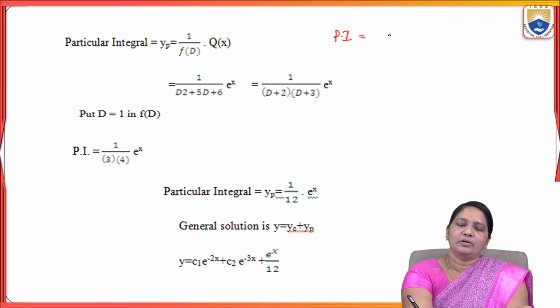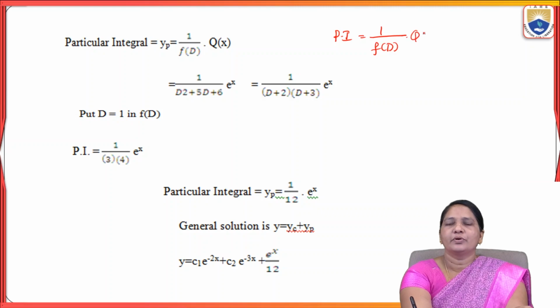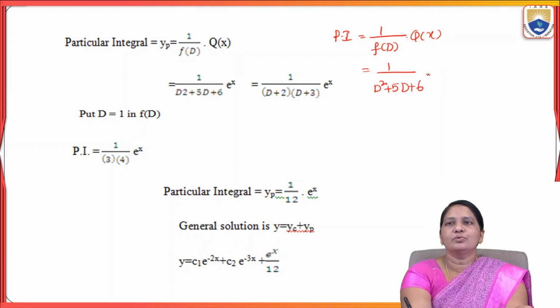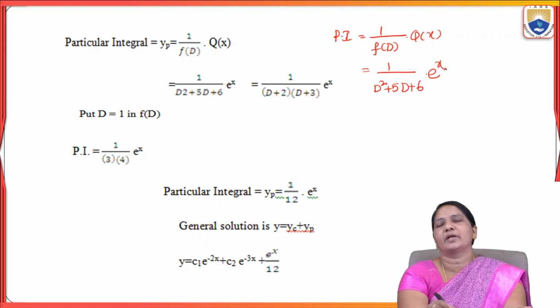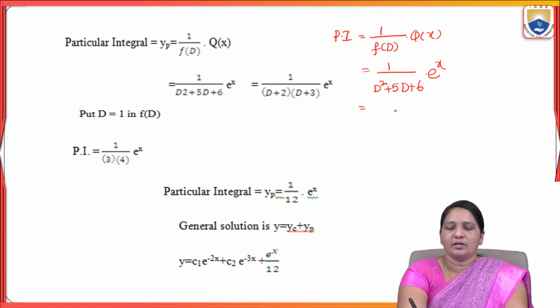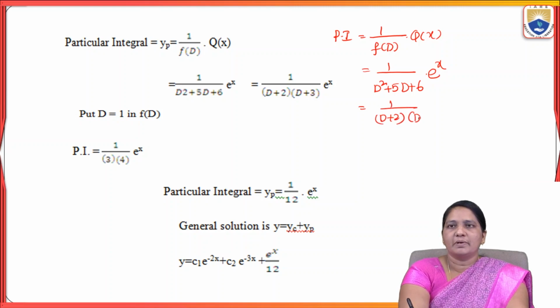Particular integral equal to 1 by f of D into Q of x. So here 1 by f of D is 1 by (D square plus 5D plus 6), and the Q of x value is e power x. Now here I can write the operators, (D plus 2) into (D plus 3). Now what is the procedure you have to follow for e power ax?